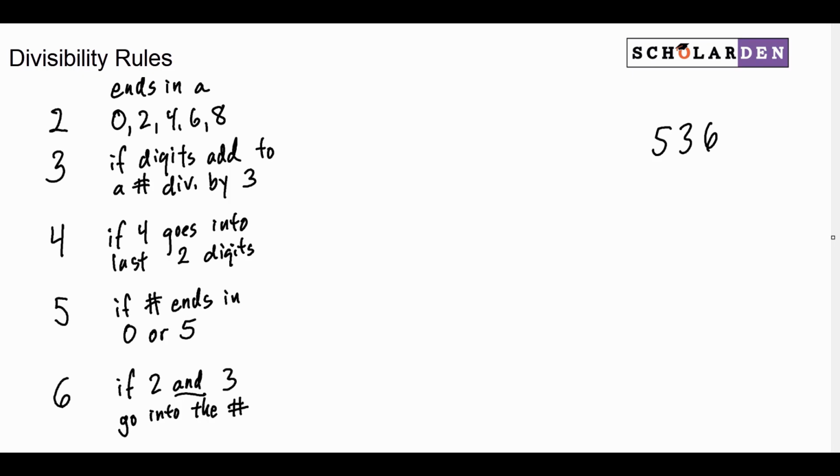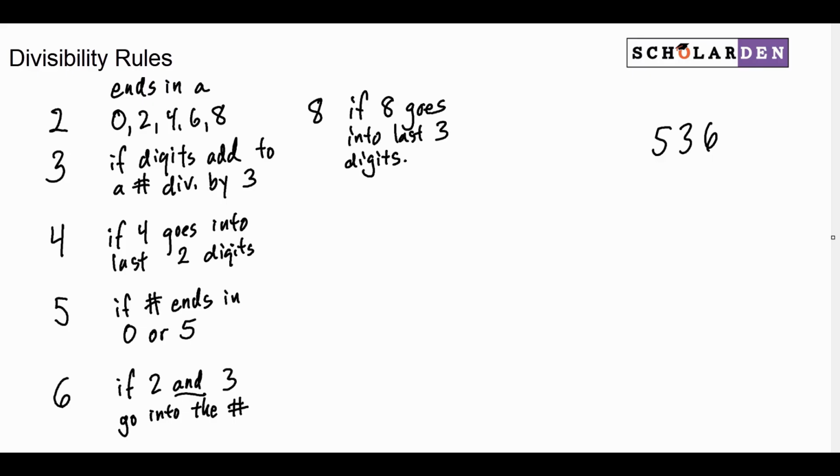Okay, let's jump up to 8 now. The divisibility rule for 8. The one for 8 is similar to 4, but it's if 8 goes into the last 3 digits. And by the way, there is a divisibility rule for 7, but it's kind of complicated, so it's not that helpful.